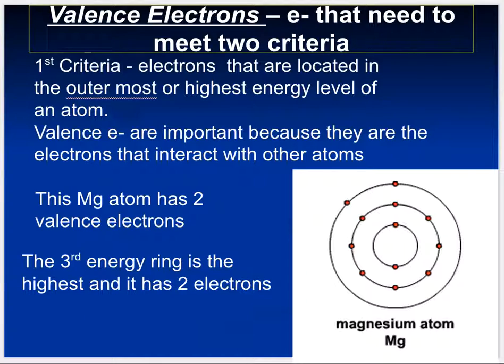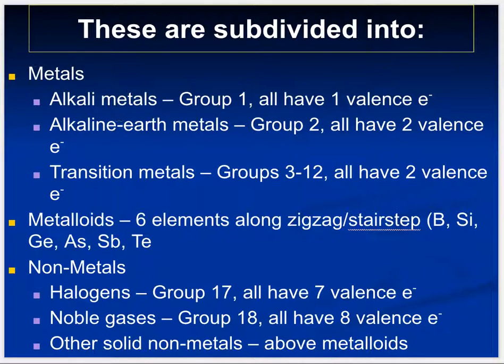You also need to know what the name of each of the groups are, meaning I want you to know that group 1 is the alkali metals. Group 2 is the alkaline earth metals. Groups 3 through 12 are the transitional metals.